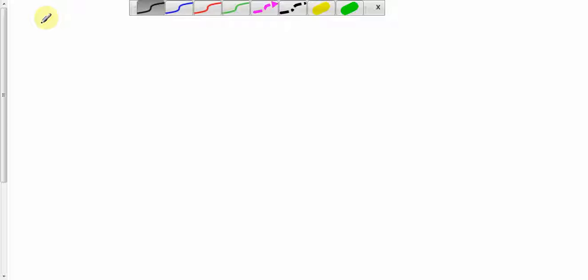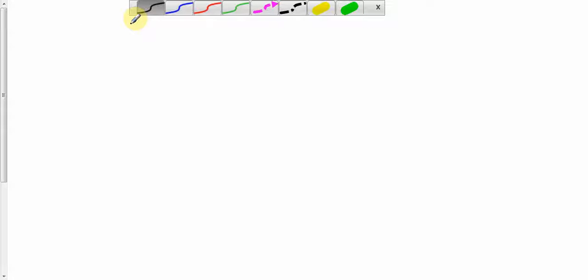So we're going to start with talking about what does it mean to take the square root of something. When you're looking for a square root, that means that you are looking for a number that, when multiplied by itself, equals whatever you're taking the square root of.